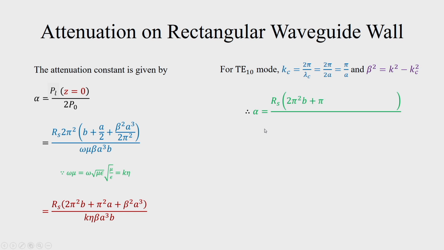So, if we now substitute this beta squared as k squared minus (pi by a) whole squared, then expression for alpha becomes as shown here, and on simplification it becomes alpha equal to R_s [2 pi squared b + k squared a cubed] divided by k eta beta a cubed b.